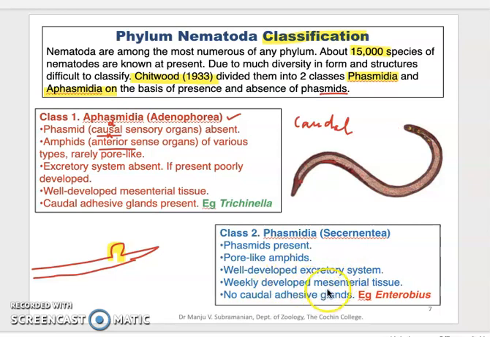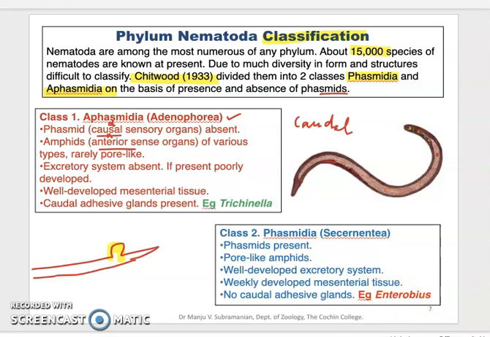Then weakly developed mesenteral tissue, and no caudal adhesive glands are present. So just opposite of Aphasmida. So these are the salient or distinctive features of class Aphasmida and Phasmida. A good example for this Phasmida is Enterobius.